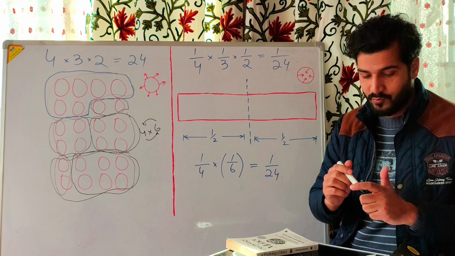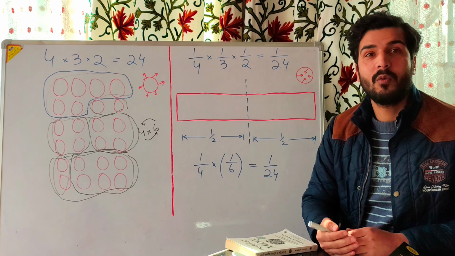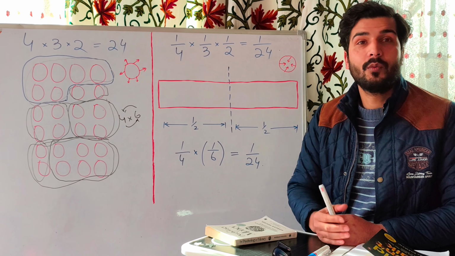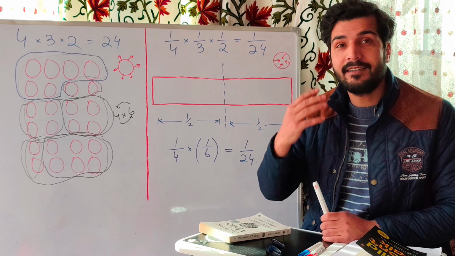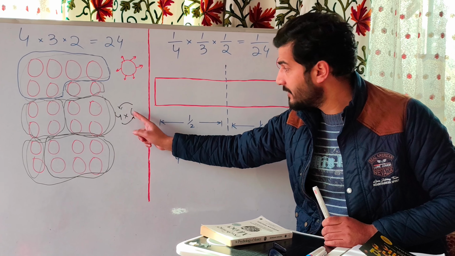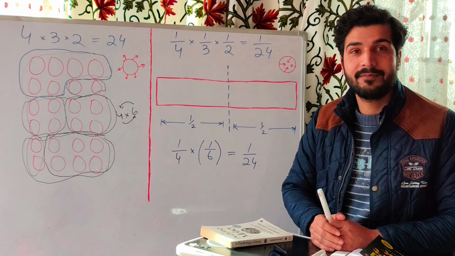So this is how we can proceed with the multiplication. This is how we understand whenever we multiply two terms, either 4 times 6 or 6 times 4.